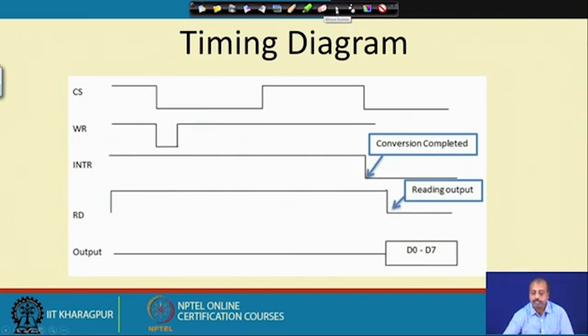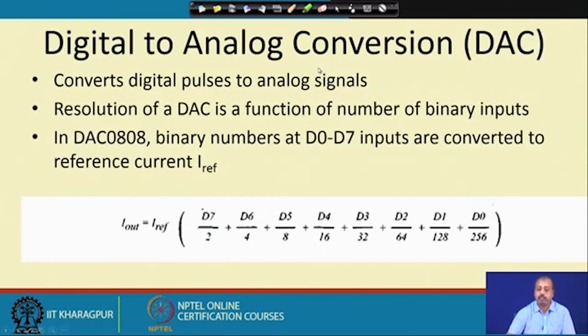Next we will look into another very important data converter, which is known as the digital to analog converter. So far, the analog to digital converters are useful for converting analog data to digital, so that is basically acting as the input part of the interface. Sometimes we want to control some output device.